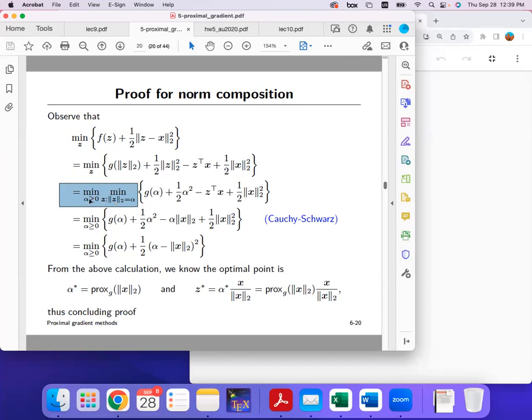But this alpha can be anything bigger than or equal to 0. So this is actually considering all the z's, because for any vector, the L2 norm is always bigger than or equal to 0. So there's essentially no constraint. This is just to rewrite the optimization problem in this way by introducing this auxiliary variable.